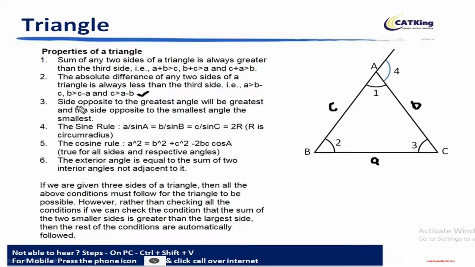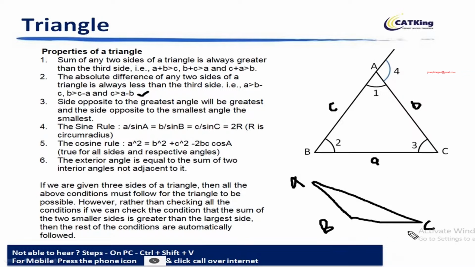Right? The third property: side opposite to the greatest angle will be the greatest, and the side opposite to the smallest angle is the smallest. So in case of obtuse angle, if suppose this is A, this is B, and this is C. This is the largest angle, and the side opposite to this one, AC, is the largest side.